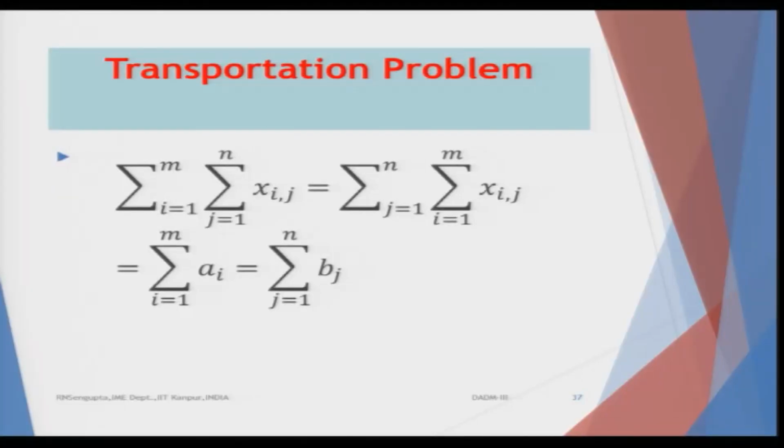If I first do the summation over i from 1 to m and then sum over j from 1 to n, the values should be exactly equal. Such that if the balance is there, there is no spillover, no loss, no unmet demand, and no extra supply, then the summation of A_1 to A_m will be exactly equal to the summation of B_1 to B_n.